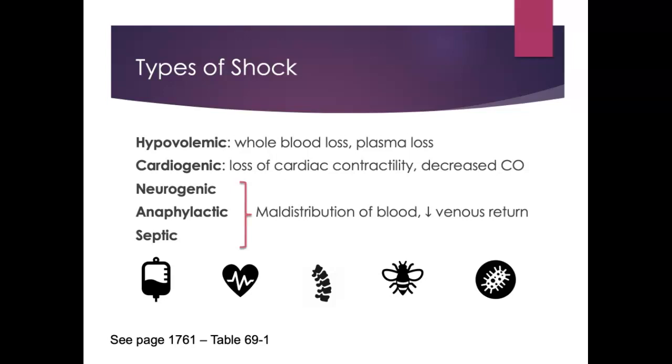Neurogenic shock are the hemodynamic consequences of injuries, disease, or both to the spinal cord at or above T5. It can also result from spinal anesthesia and vasomotor center depression. Septic shock is from an infection.